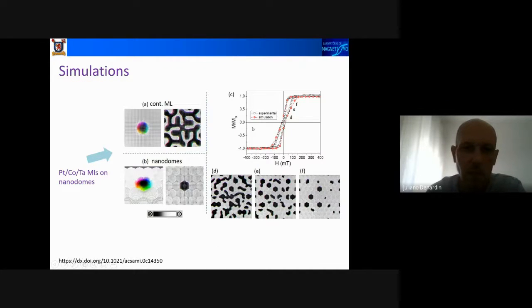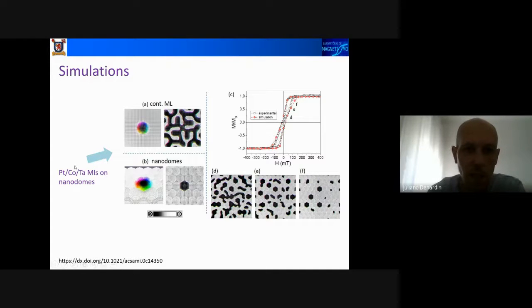And we did simulation. The simulation agrees very well with the experimental MFM observation. We can also see that we can nucleate skyrmions depending on the part of the hysteresis curve we are in. We also simulated the hysteresis curve by doing micromagnetism.